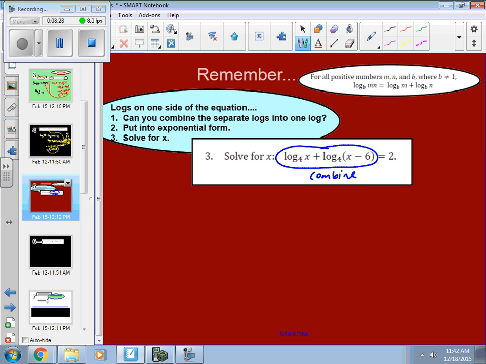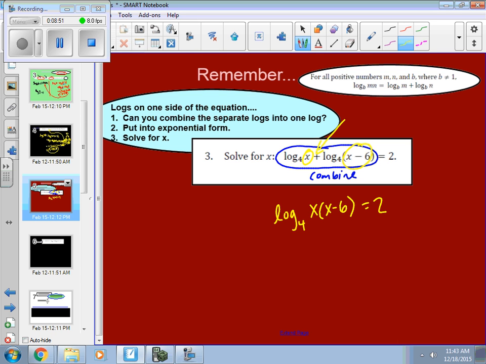Since we have a plus right here, it's going to look like log base 4 of x times what we got here, x minus 6. So it's log of both of those things multiplied together.